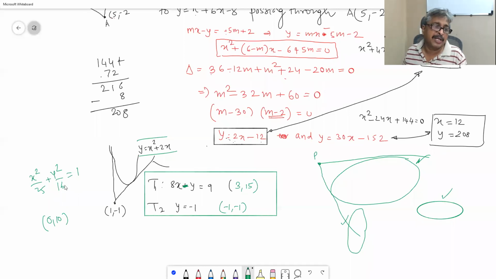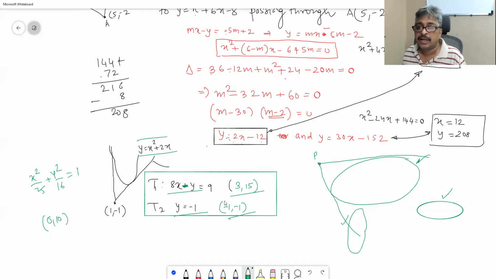Solve that simultaneously with this in x, make the discriminant 0, get two values of m, put them back into the equation of x to get two values of x. Those are the slopes of the lines. You get T1, T2, point of contact, point of contact.